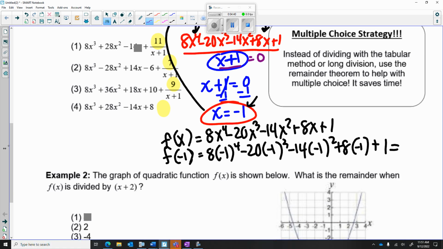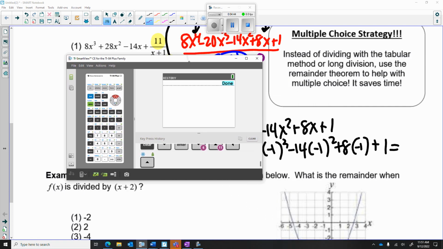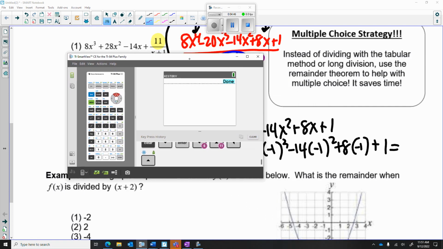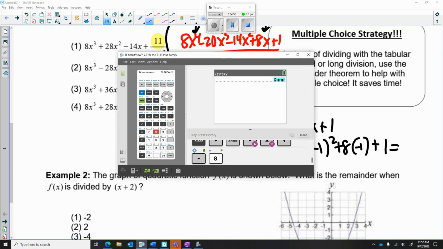What I could do is go to my home screen and plug in the full polynomial, which I think is kind of annoying.